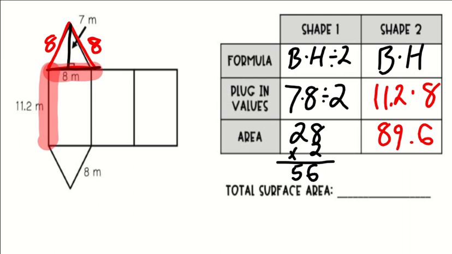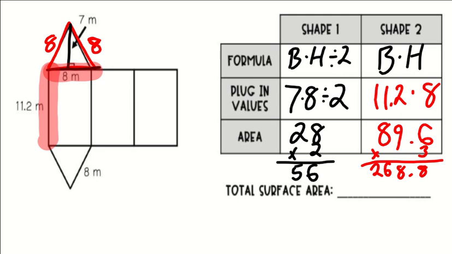How many rectangles are there, though? 3. So in this case, they're the same, so we can just multiply that by 3. 268.8, I think.